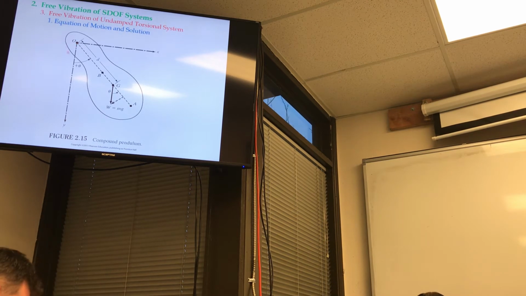The moment here is fairly straightforward because there is only one force that causes a moment with respect to point O, which is mg. So what is the moment of mg with respect to point O?